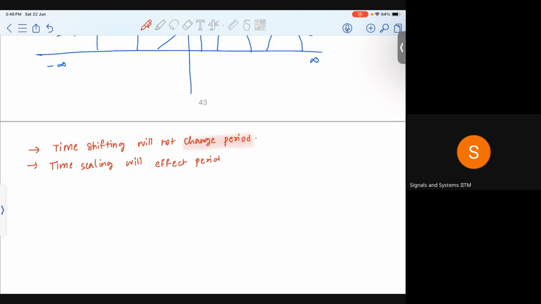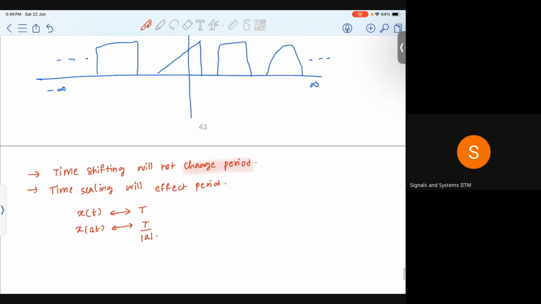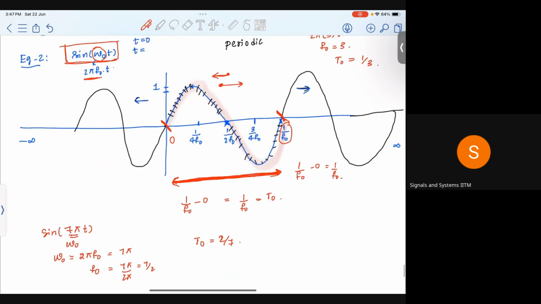And how will it affect? Suppose the original signal x of t has period T, then the period of x of a t is T by mod a. Remember? Why does this happen? When you have x of t, the way you find x of a t is you divide the whole thing by a in general.